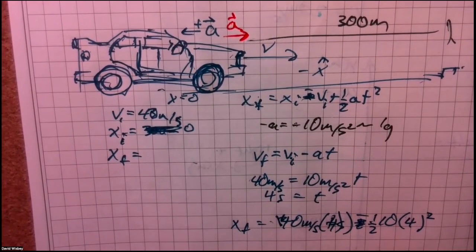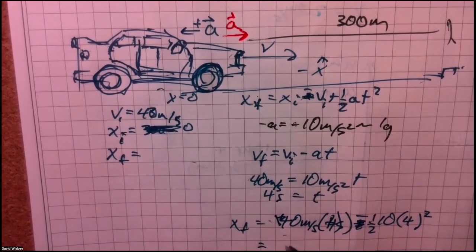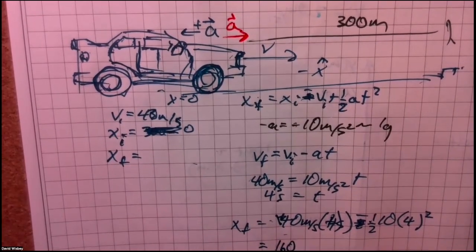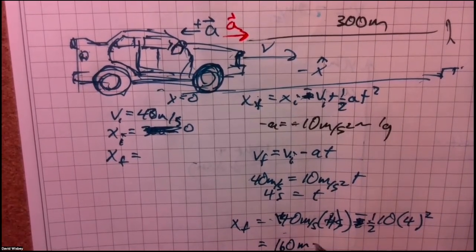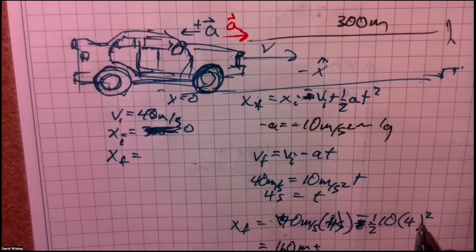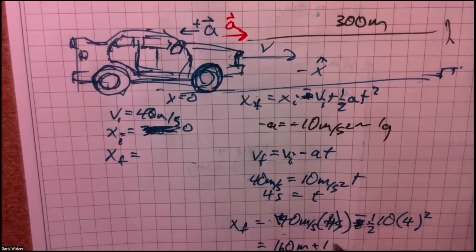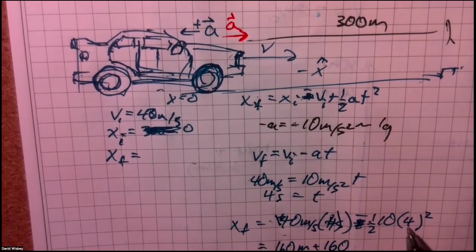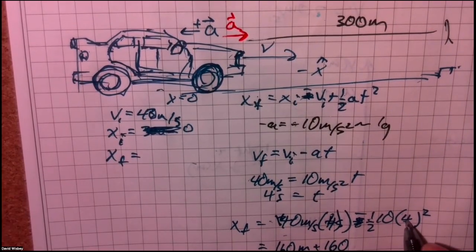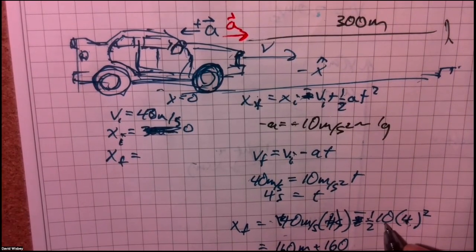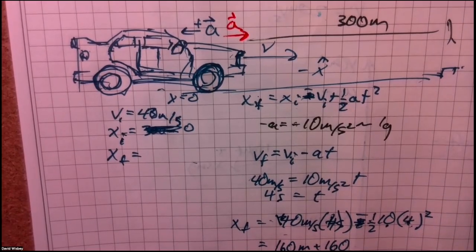Okay, we can put that in here now. So 4 times 40, that's 160 meters, plus 4 times 4, that's another 160. Okay, so this is 160. Yeah, this is 4 times 4, 16 times 160. And let's see.